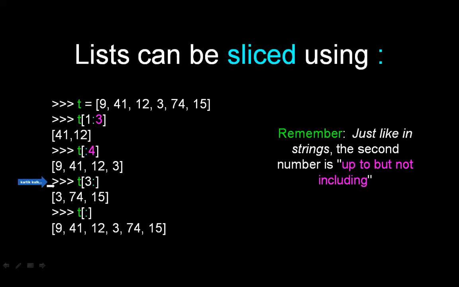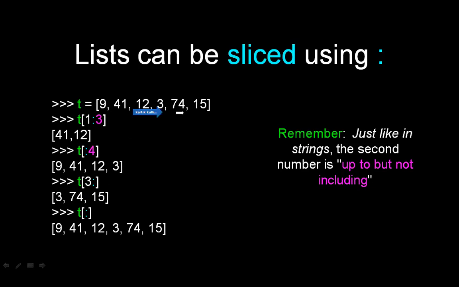And in this next statement, I will be specifying only the starting index number. I will not be specifying the end index number. So if I am not specifying the end index number, what will be the output? The starting index number starts from 3 here, and then it goes up to the end of the list.